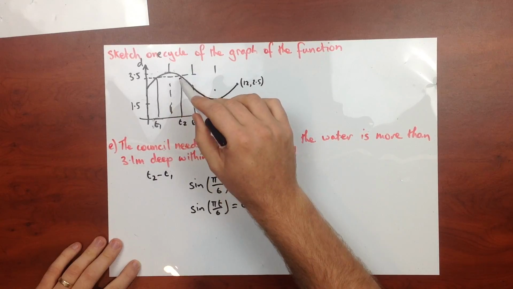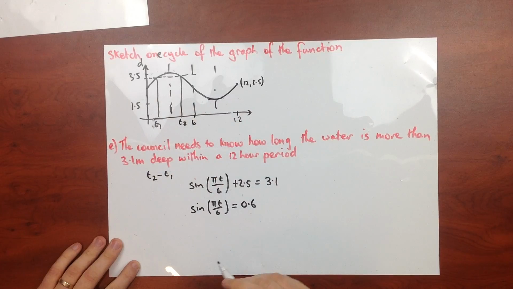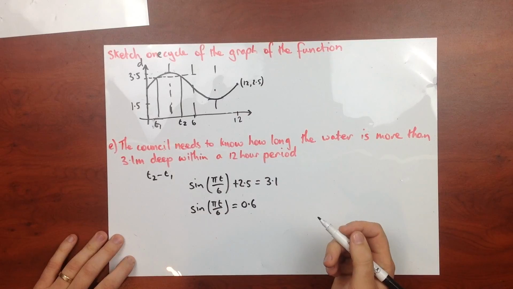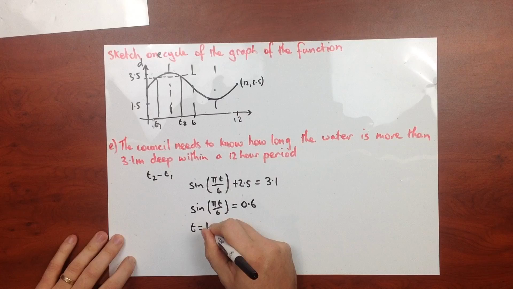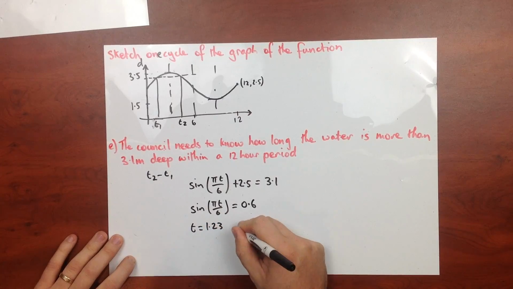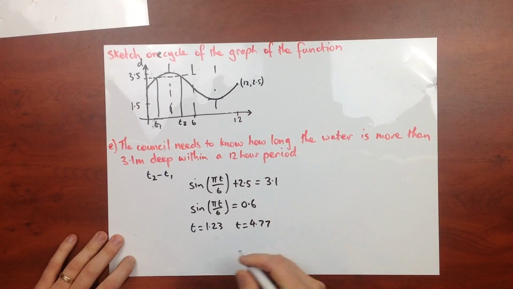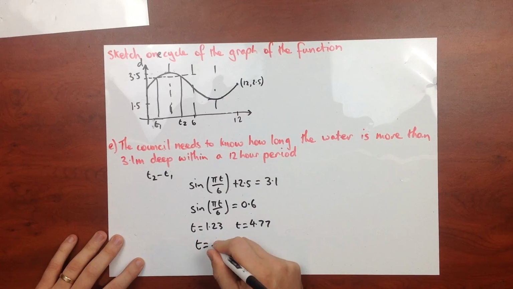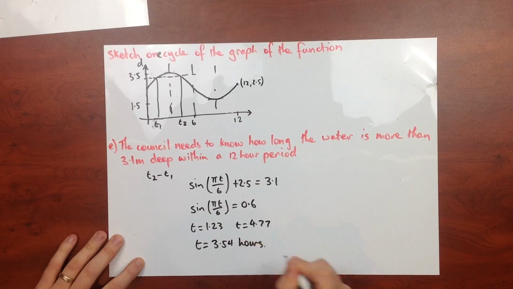So we're going to get two general solutions, and for each we sub in an n value of 0 when it spits out on your calculator. When we do that, we get two t values, t equals 1.23 and t equals 4.77 hours. We simply subtract one from the other, so we get a value of 3.54 hours that we're above 3.1 metres.